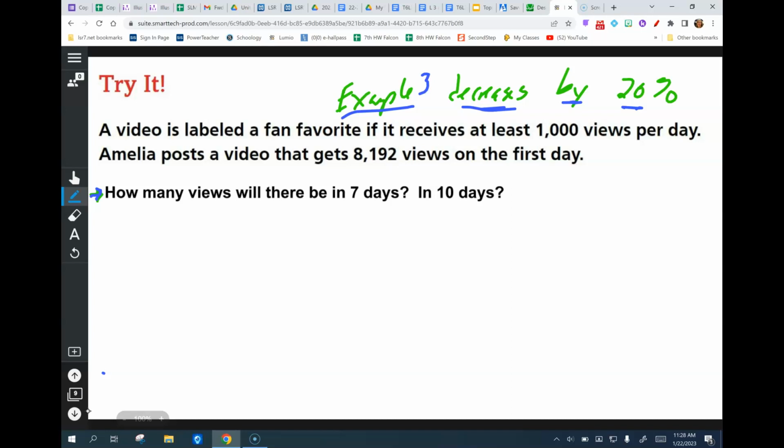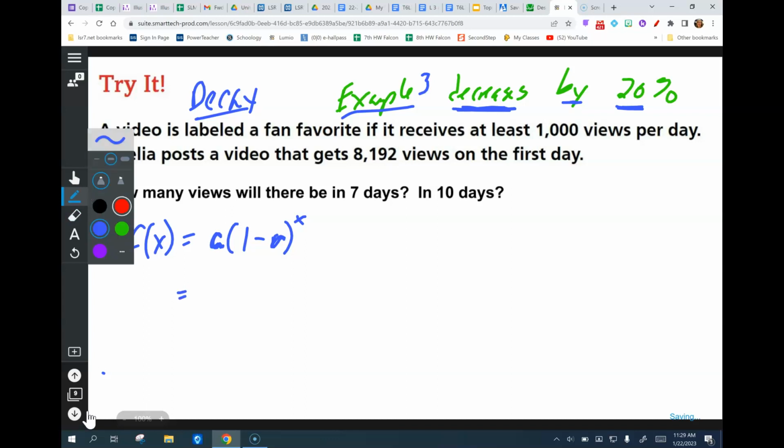The first thing we have to do is write the function. This decreases by 20%, so this is going to be a decay because it decreases. So we're going to do f of x, and remember decay is a times 1 minus r to the x, where r is the rate, which is 20%, and a is the initial amount. Let's fill in what we know.